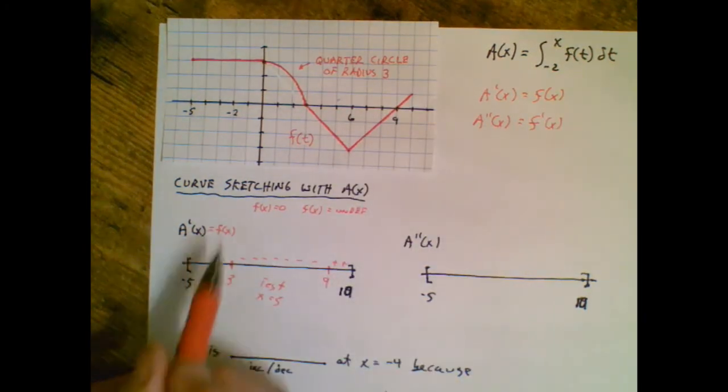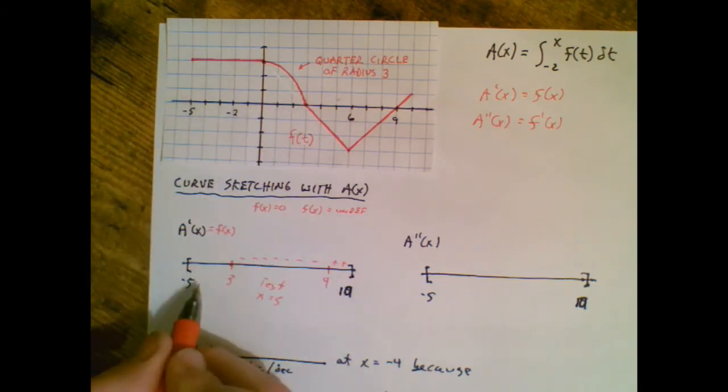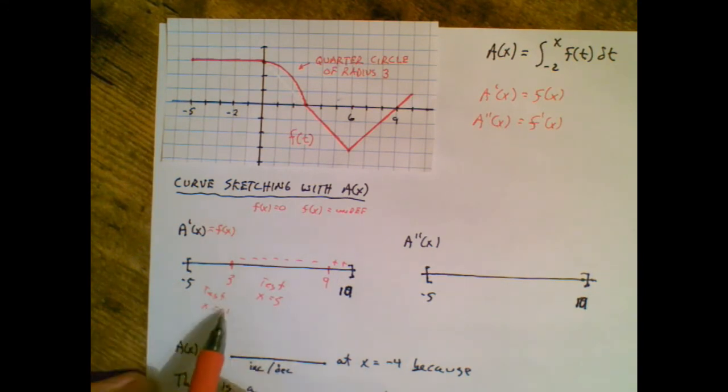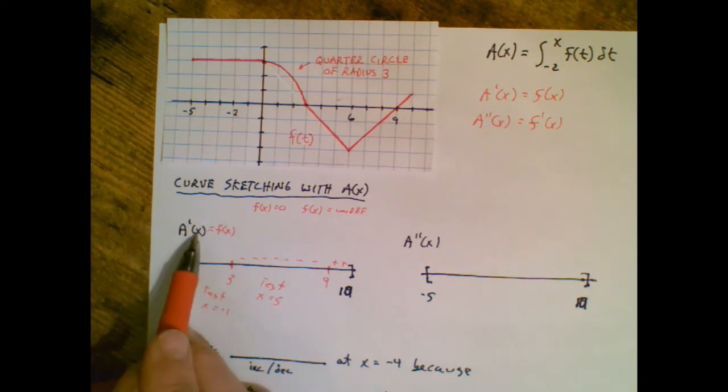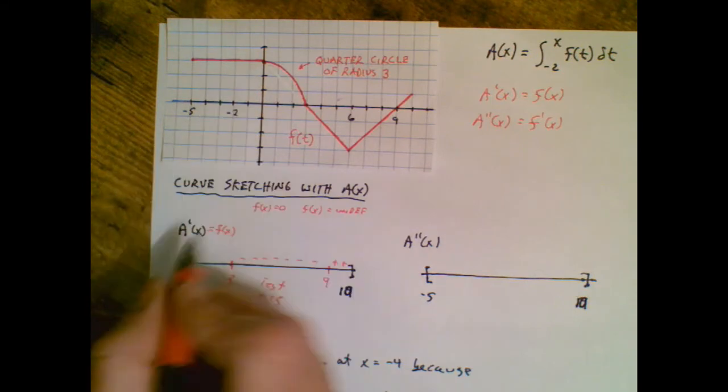And between -5 and 3, maybe I'll test x equals -1. At x equals -1, A prime of -1 is f of -1, which is a positive value.